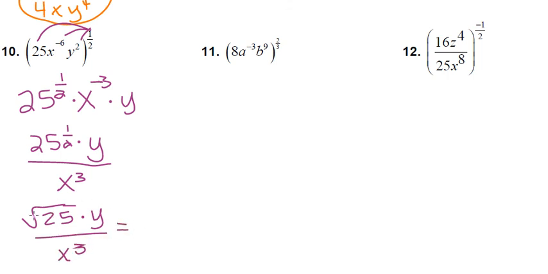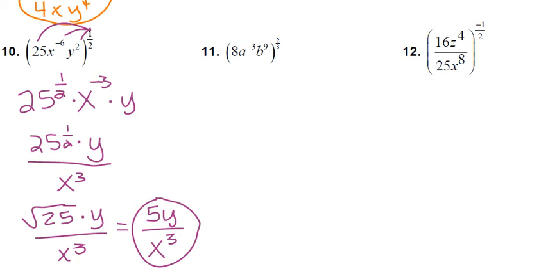So the square root of 25 is 5, so this is going to be 5y divided by x to the power of 3. So that right there is your final solution. You can see that solving these is some sort of combination of using exponent rules and the conversion of exponents to radicals in order to get your final solution.